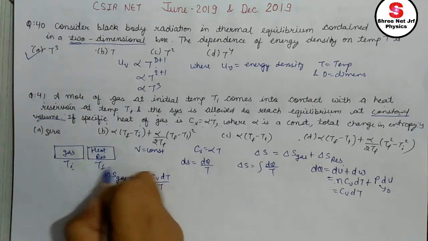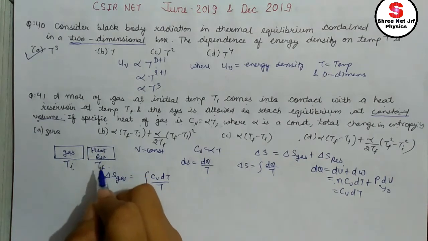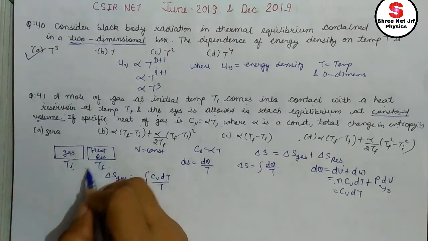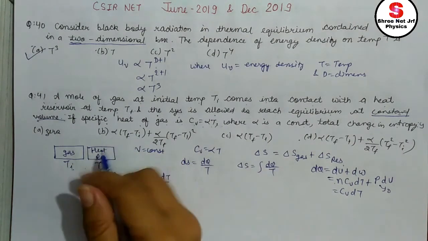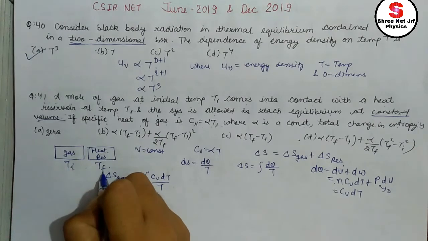See, a heat reservoir is given. Okay, what is the property of a heat reservoir? It has infinite capacity. That means if we add or reject a little amount of heat, its temperature does not change. That means its temperature is constant. Okay, a heat reservoir has constant temperature.